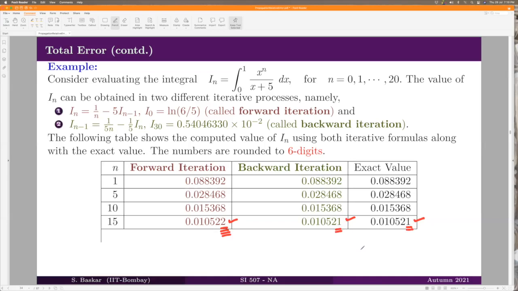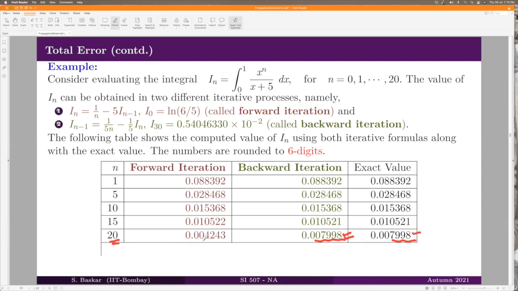Now let us go to I20. At I20 you can see the exact value is 0.007998, right? Your backward iteration gave you a good approximation. In fact, up to whatever digits shown, it's exactly coinciding with the exact value.